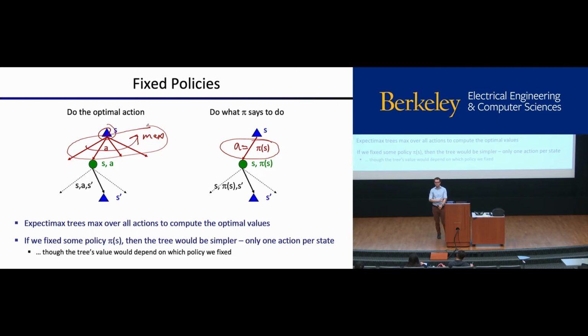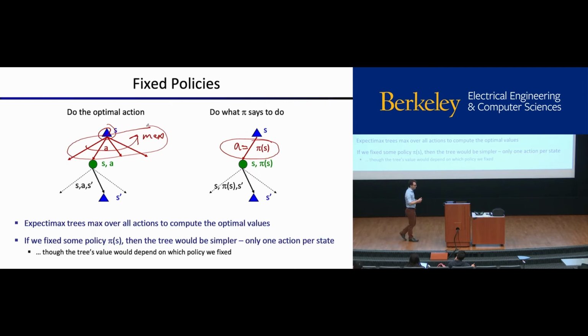Okay? Then we get to a chance node. The environment has a chance to respond. It does its whole expectation thing. We get our different S primes potentially, and we're back in business. But what we would do from that next state is the same thing. Rather than taking the action that maximizes and then acting optimally after that, we're taking the policy action and then getting to S prime, and from there we keep taking the policy action.